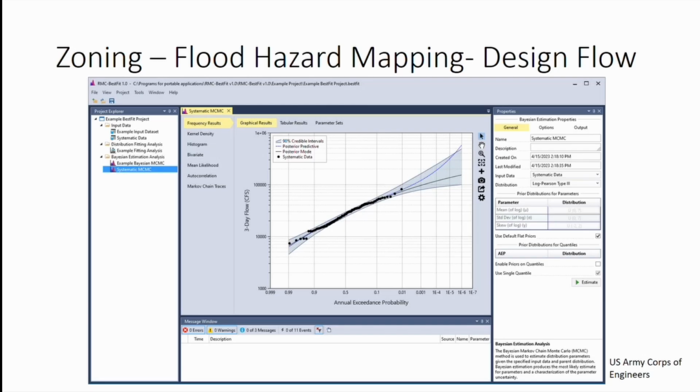And once that flood is selected, if we have historical gauges or streamflow records within our catchment, we will be interested in what we call the instantaneous flows. That is an annual maximum series for a long period of time.